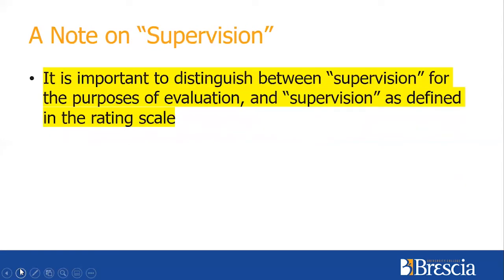It is also important to distinguish between supervision for the purposes of evaluation and supervision as described in the rating scale. If a preceptor observes a student performing an activity and does not need to intervene, guide, or direct the student, then the student can be deemed to have completed the performance indicator competently.